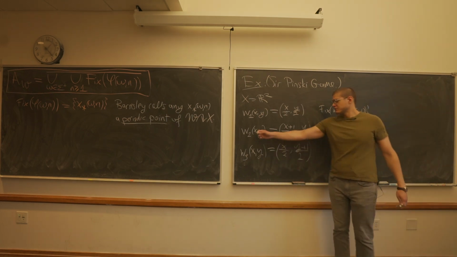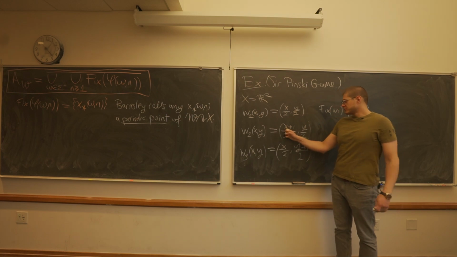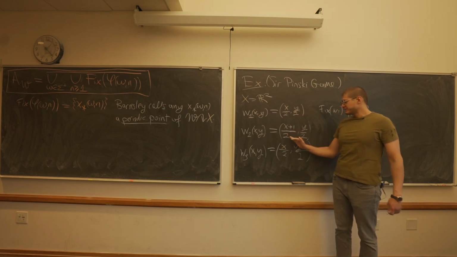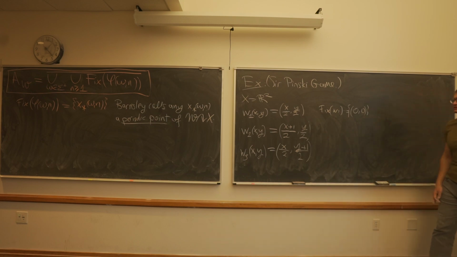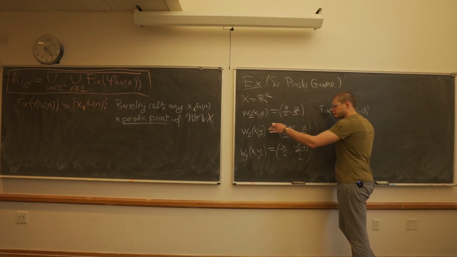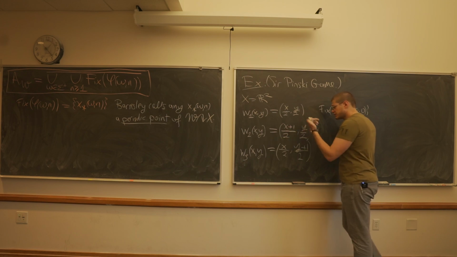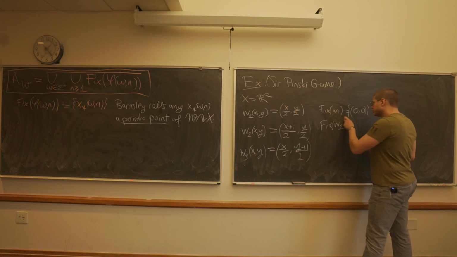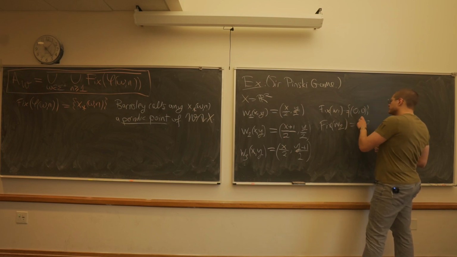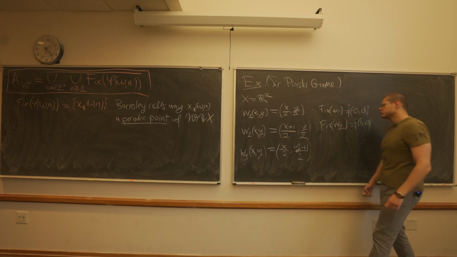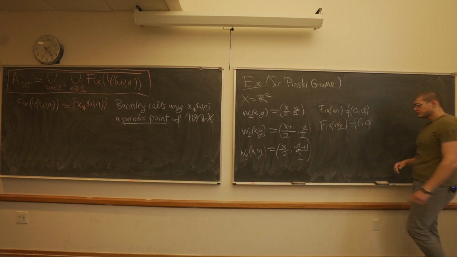You plug in 1, 0, you just eyeball it. You can apply the iterative algorithm as well, but in this case the functions are not that complicated, so you can just test things out. If you plug in 1, 0, this would be 1 plus 1 divided by 2, and this is 1, comma 0. So the fixed point of W2 is going to be 1, 0. And by essentially the same argument, the fixed point of W3 is going to be 0, 1.